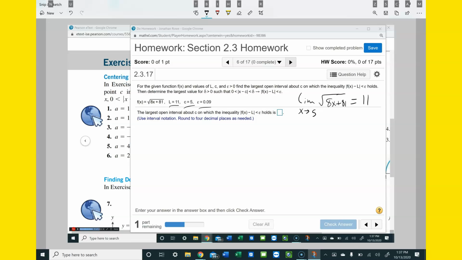That's what we're trying to prove. And we're going to follow what it said to do in the book before. We're going to first solve this. I don't have to put f of x. I'm just going to go ahead and write what f of x is, which is the square root of 8x plus 81.